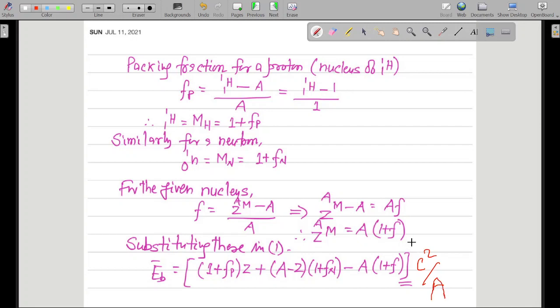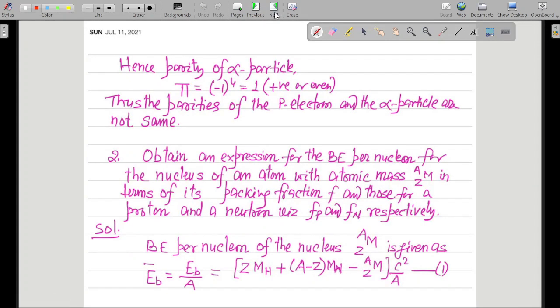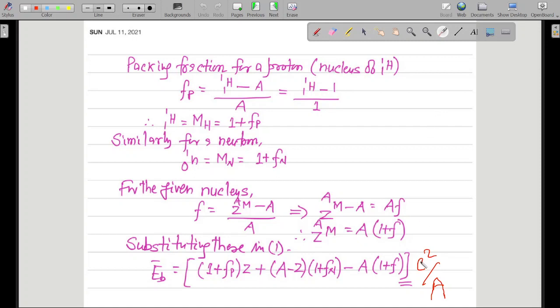Make a correction while making the notes, that this expression will also come. This c square divided by A, which was present in the equation, will remain as it is. No symbol means multiplication, right? So this expression will also come in multiplication.